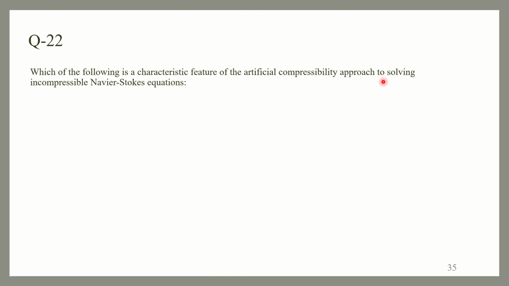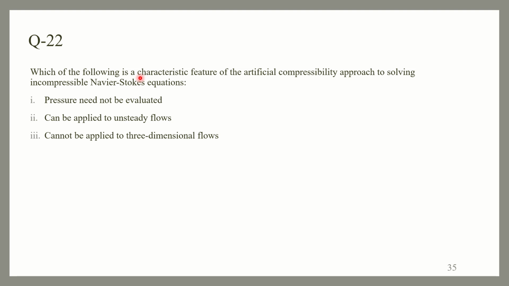Question 22, it is asked which of the following is a characteristic feature of the artificial compressibility approach to solving the Navier-Stokes equations? Option 1, pressure need not be evaluated. Option 2, can be applied to unsteady flows. Third one, cannot be applied to three-dimensional flows. So artificial compressibility method is one method to solve the incompressible flows.